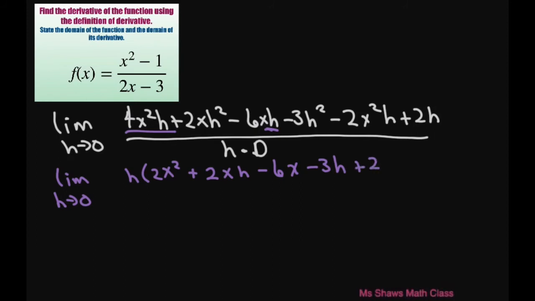So basically I combined these two, and I did a bunch of combining. And then we have h times your denominator.